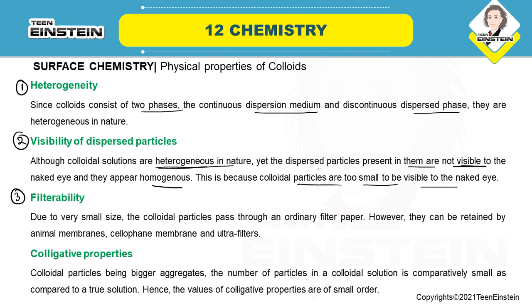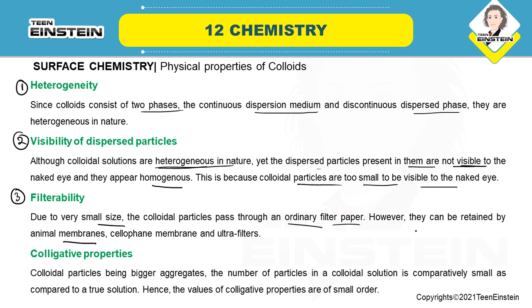Filterability. Can we filter them? Due to their very small size, colloidal particles pass through ordinary filter paper. It is just like the true solution property. But if you take a suspension, suppose sand particles in water, you can easily filter them out. But if, instead of filter paper, you use an animal membrane, the pore size is very small.